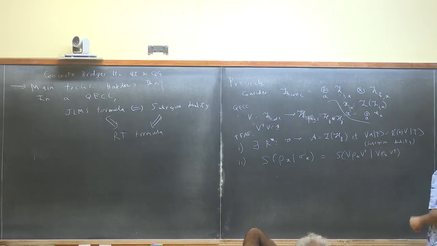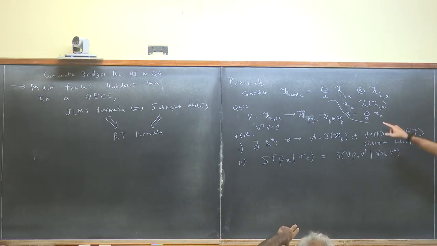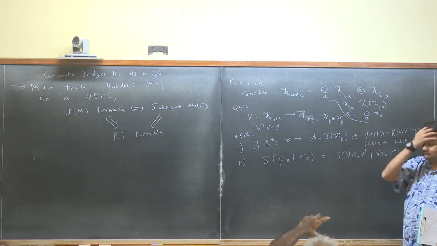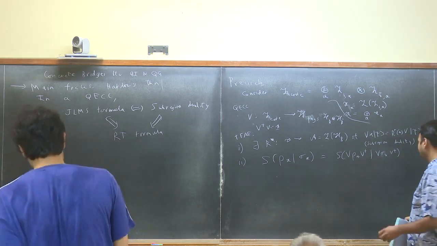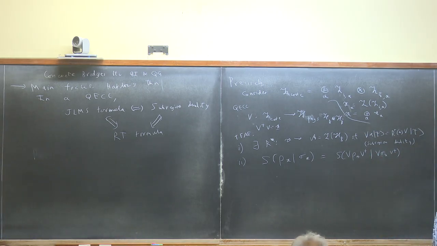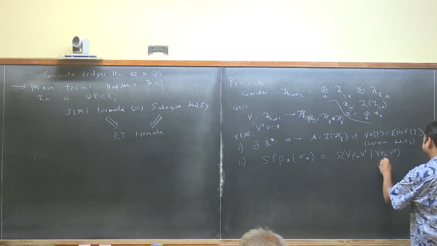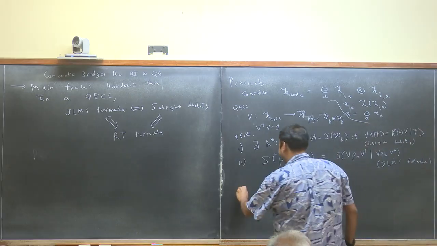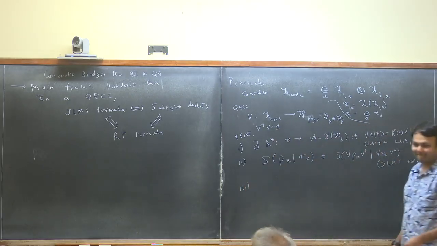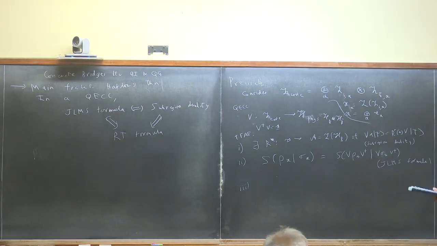Reducing to the algebra means you first get a density matrix for your state, and then you get from it whatever corresponding thing computes all the expectations and lies in the algebra. This is known as the JLMS formula, though, as Abhijit correctly pointed out, it is not really the JLMS formula, because we don't have the bulk and we don't have the RT surface. That's right.